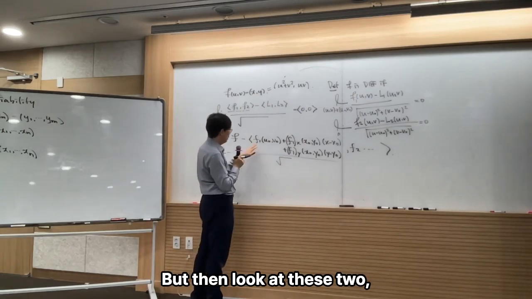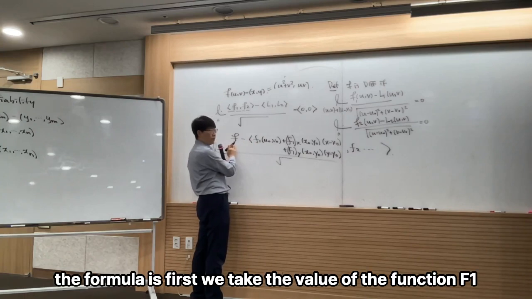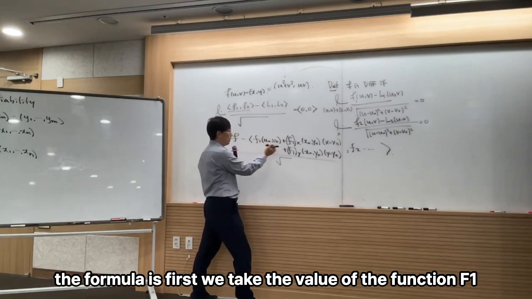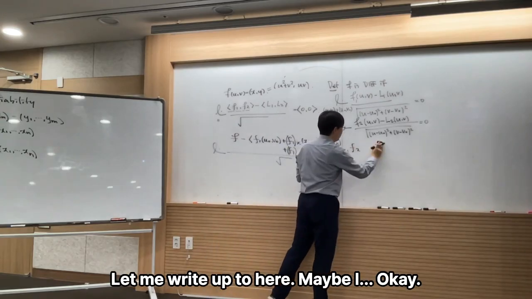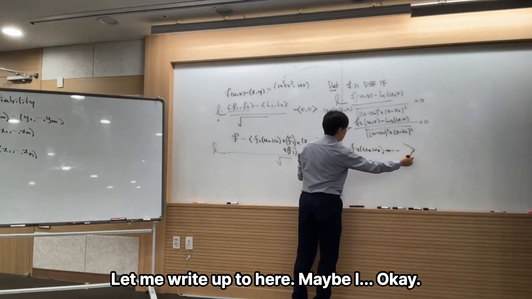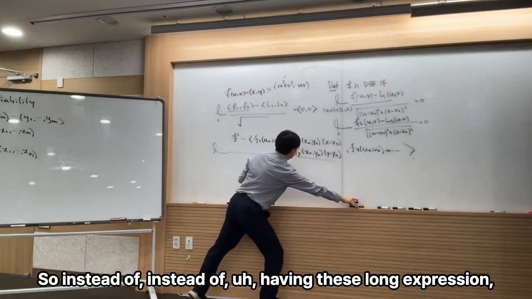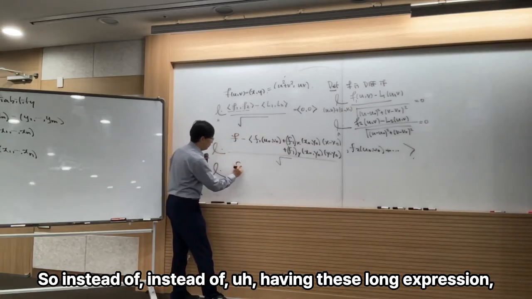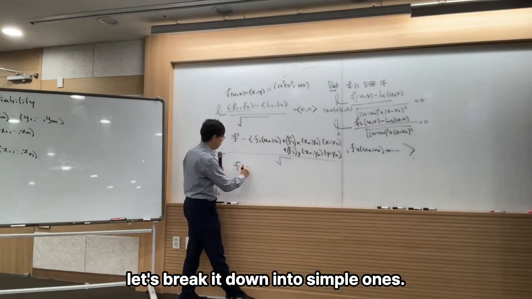But then, look at these two. What we are taking off from the formula f is, first, the value of the functions f1 and f2 at the specific point right here. So let me write up to here. Instead of having these long expressions, let's break it down into simple ones.